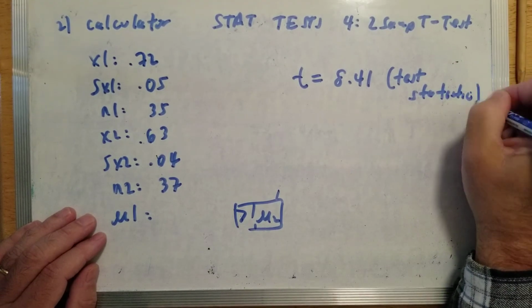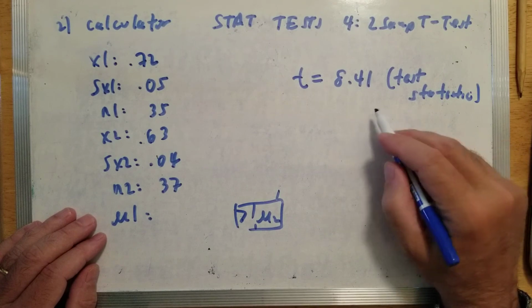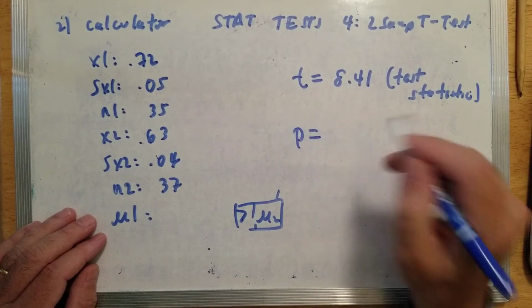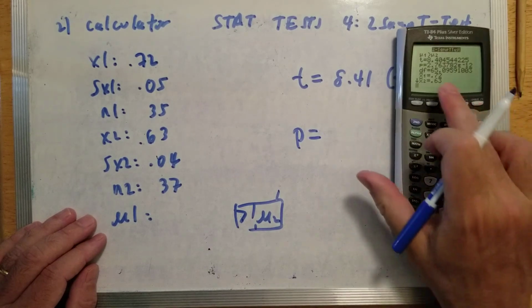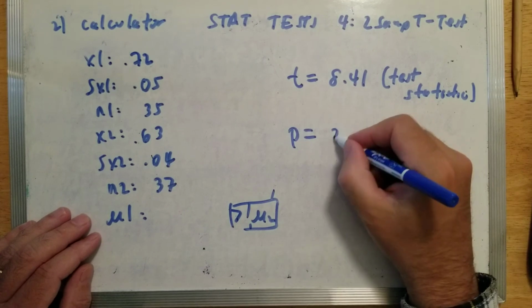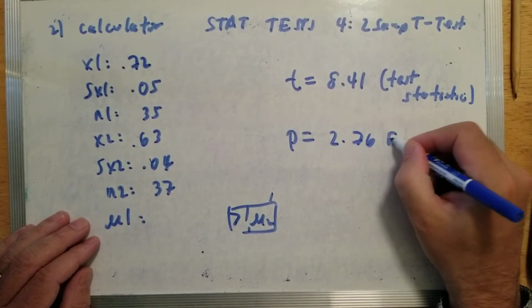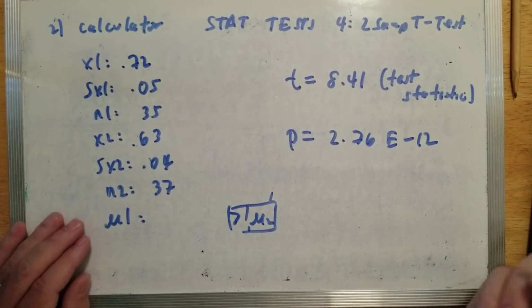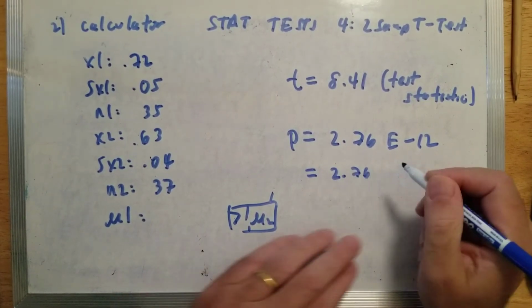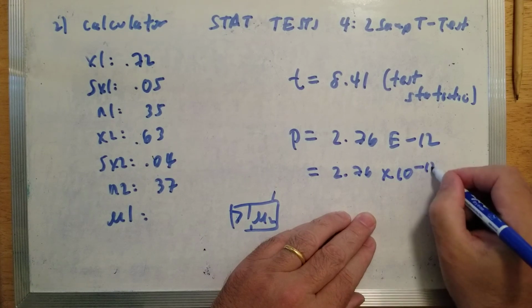This is saying if the null hypothesis is true, then this data is 8 standard deviations off the mean. And that's reflected in a very low p-value. I'm going to say about 2.76 e minus 12. Remember, that's the calculator's way of giving scientific notation: 2.76 times 10 to the negative 12.